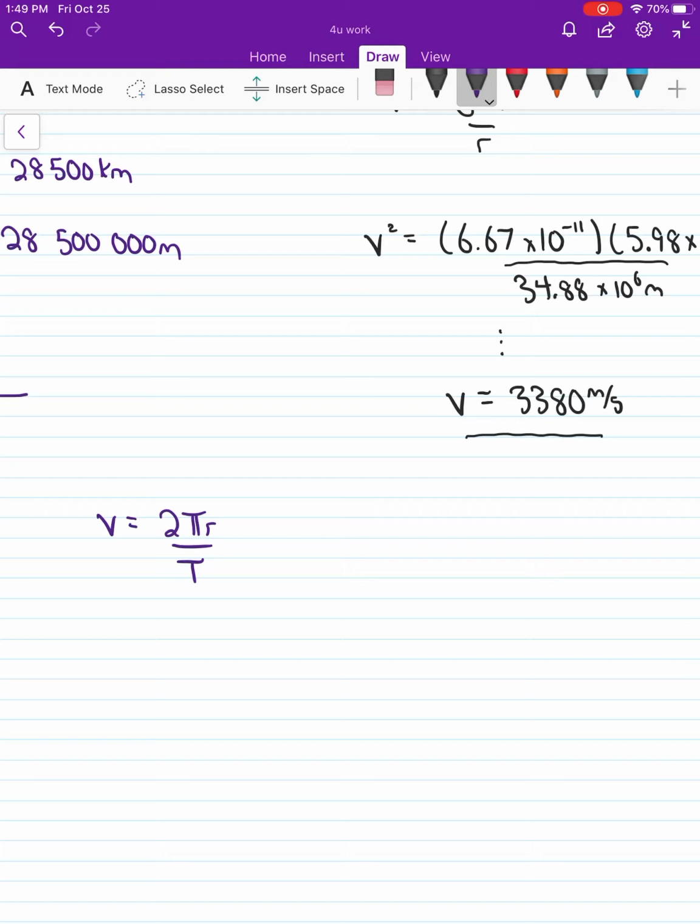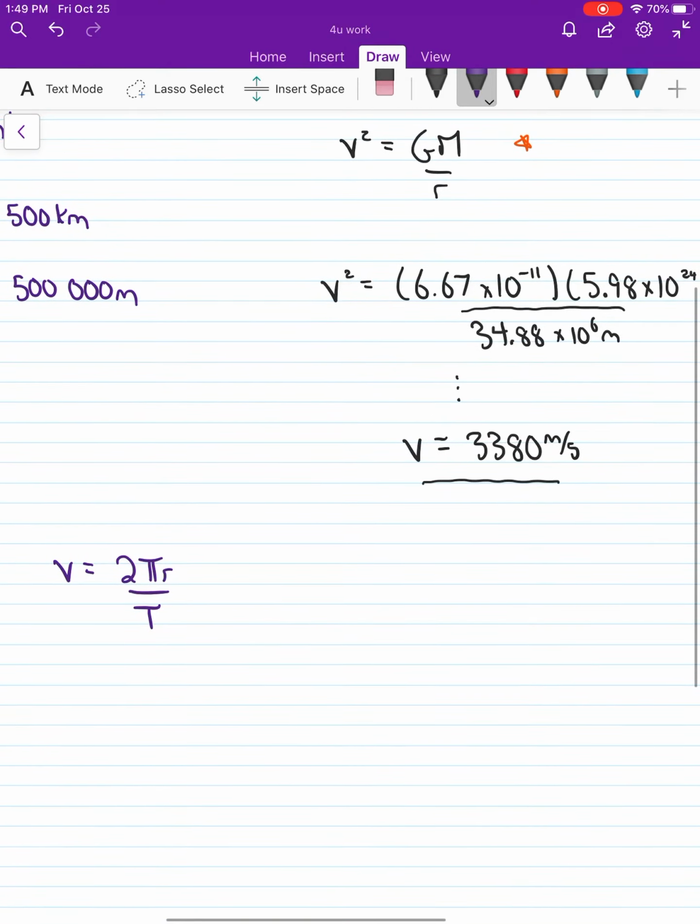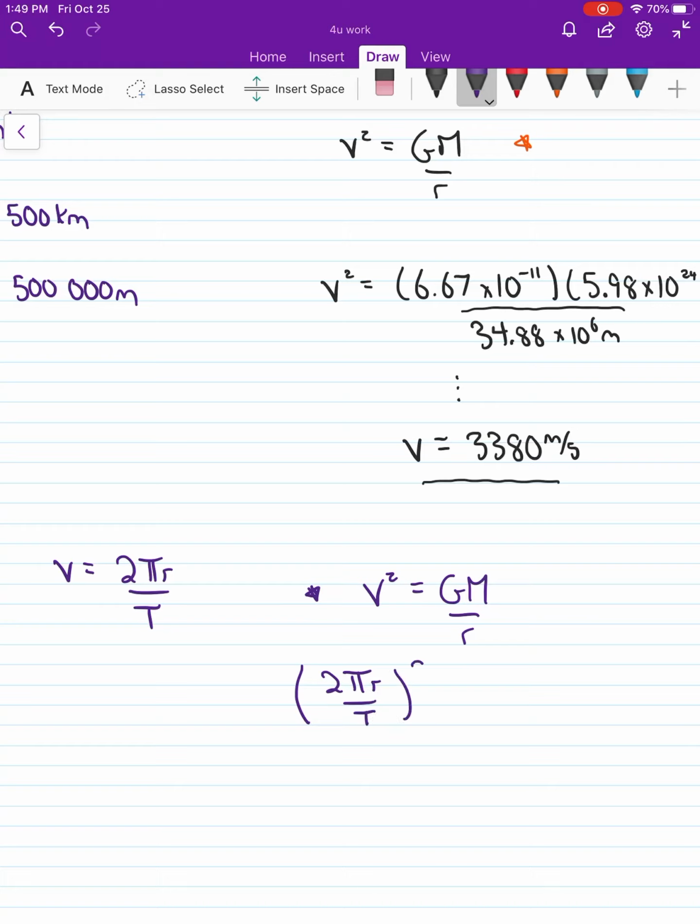Just to show, in this case it would be a longer way, but just to remind you of another way to do it, that star, we know that v squared is GM over r. So if we take our speed, our 2 pi r over time period, and square it, that's equal to GM over r.